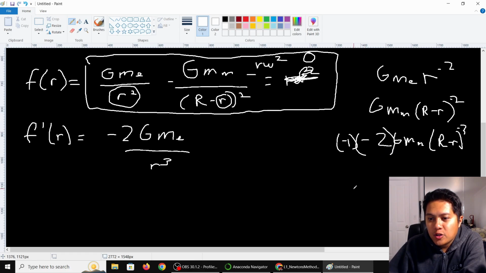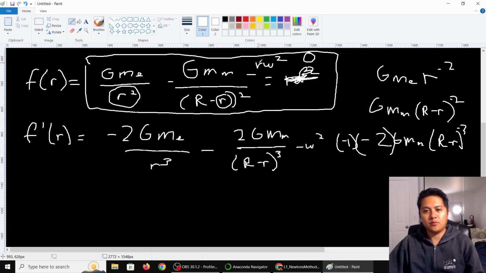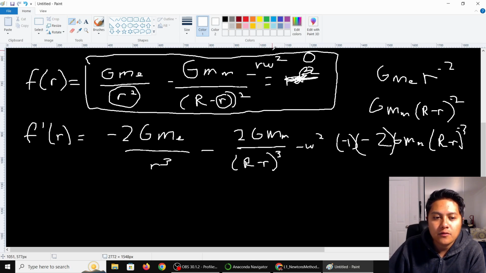This should not be minus, this should just be minus 2. Okay, so that's what it looks like, but there's also a minus sign here, so it's still minus at the end, surprisingly. So this is minus 2 G moon mass over big R minus r cubed. And then we take a derivative of this. This should just be omega squared, right? Because we just have one linear power of r there.